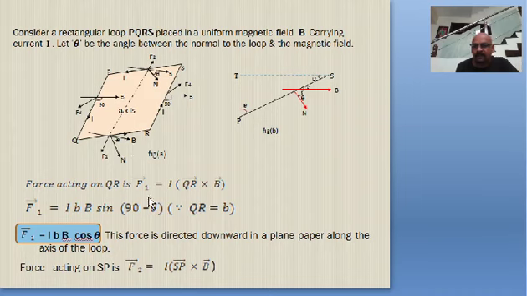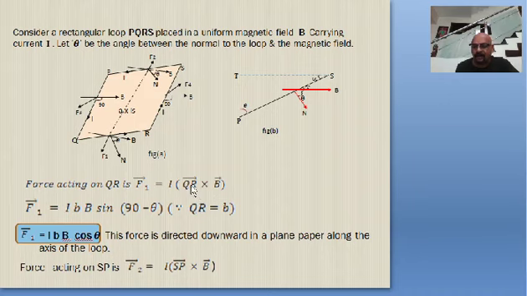The force experienced by QR we will call F1. F is equal to I L cross B, so ILB sin theta actually.